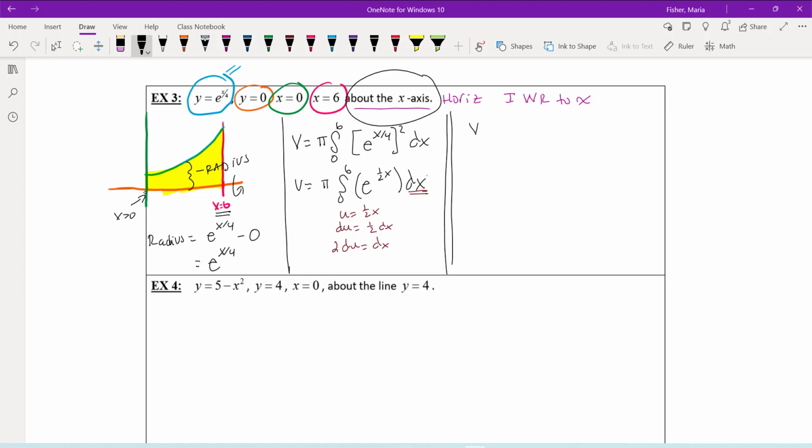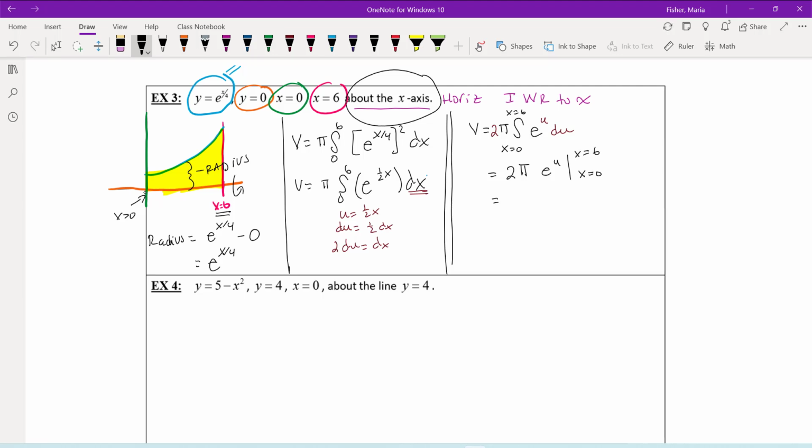I'm going to rewrite this over here to the right-hand side. We say that our volume is equal to pi times the integral from x equals 0 to x equals 6, because I did not change my limits of integration, of e raised to the u and then 2 du. Well, the integral of e to the u is just e to the u, and again this gets evaluated from x equals 0 to x equals 6.